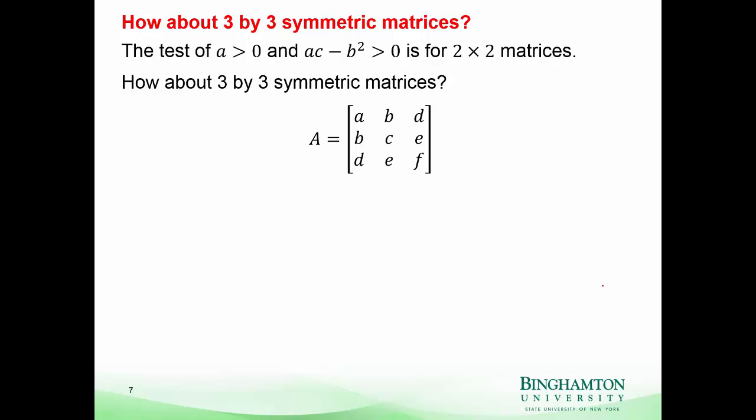So what if we go to 3 by 3 symmetric matrices? Well, let's look at the pattern here. One of the things I'm trying to illustrate with these later notes is not so much the proofs, although we are doing more proofs than we did earlier in the semester, but how researchers and engineers think, how we generate new ideas.